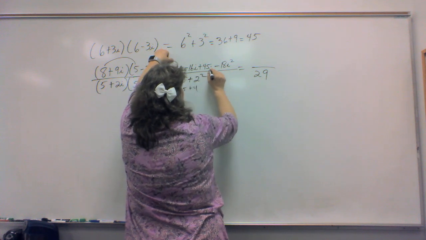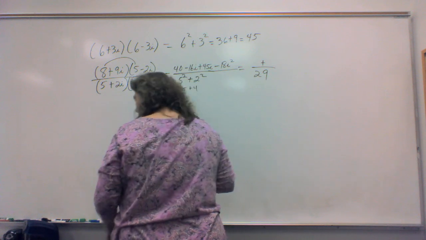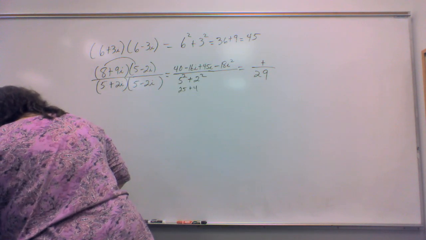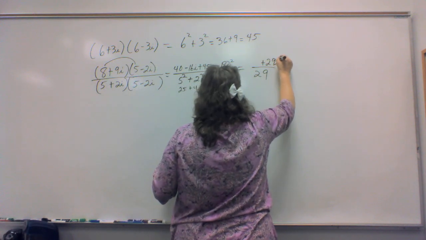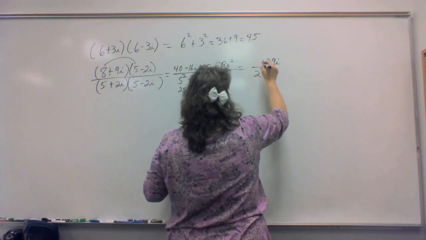Negative 16i plus 45i will be plus, my mind's shutting down, 29i, and 40 plus 18 is 58.